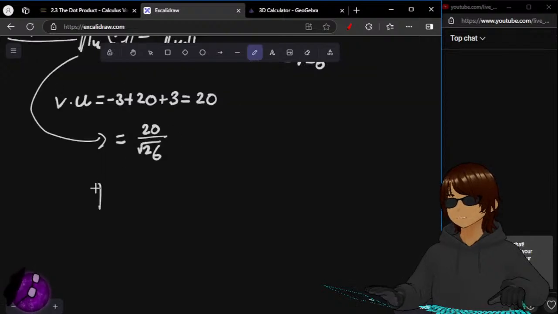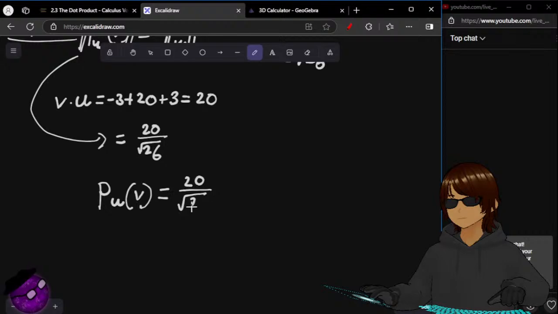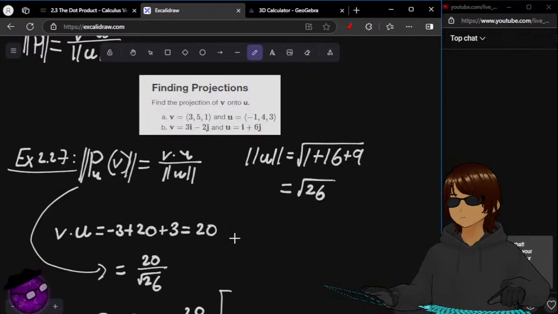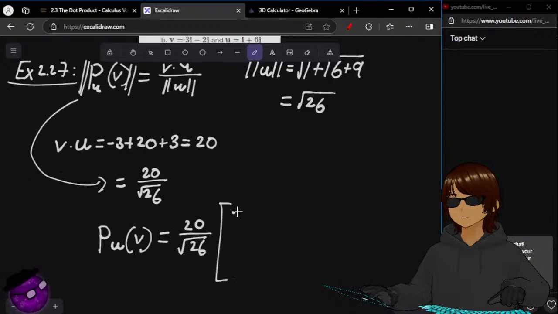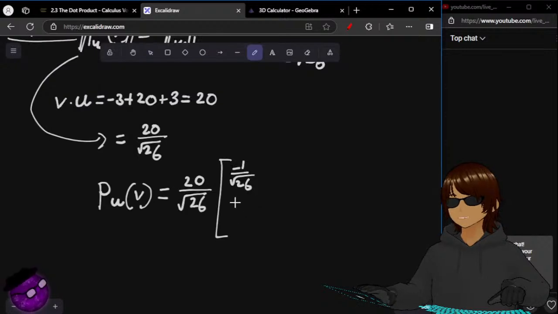So we take this. We got 20 over 26. And then we multiplied by minus 1, 4, 3. We got minus 1 over root 26, and then 4 over root 26, 3 over root 26.